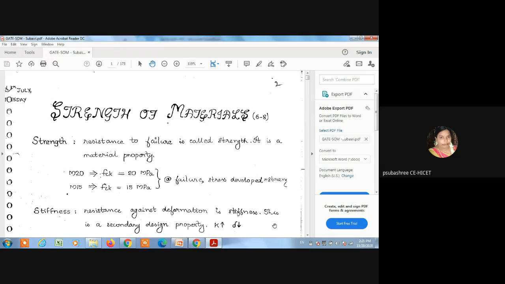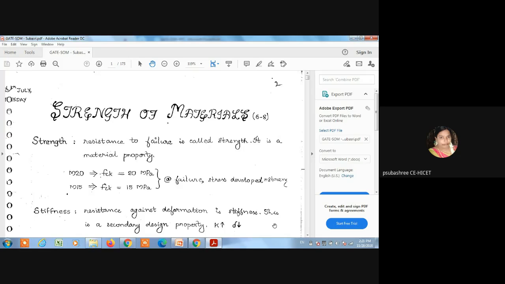So M20 means mix 20, mix 20 grade. The 20 means the compressive strength of concrete. So 20 is fck, the characteristic compressive strength, equal to 20 Newton per mm square. Then M15 means, for example, fck is equal to 15. Newton per mm square is also called megapascal.